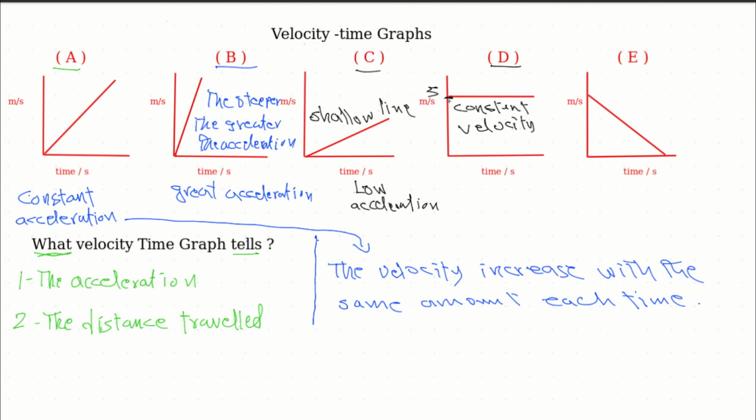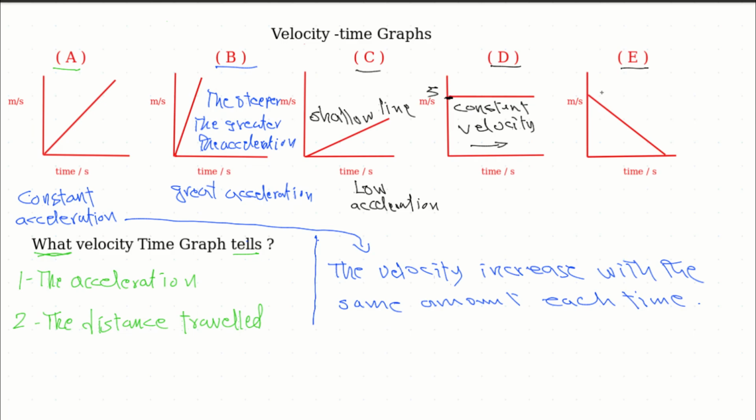As time changes, we do not have an increase or decrease in velocity. The velocity is still 5 meters per second. That's why a horizontal line in a velocity time graph is interpreted as constant velocity.